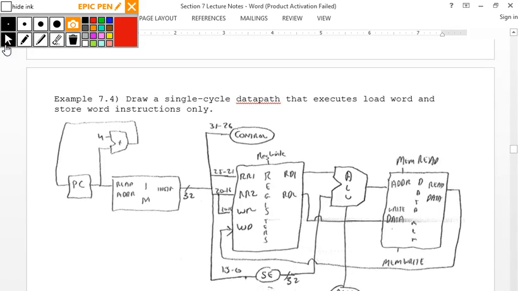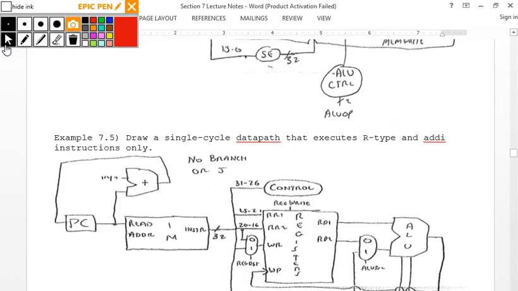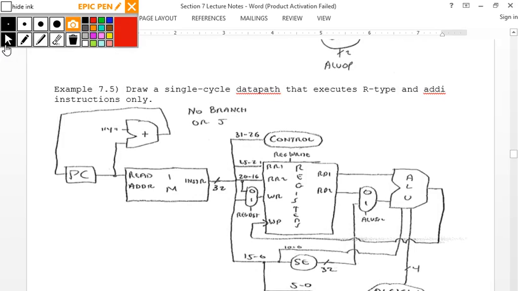So 7.4, 7.5. So here, what I've done is draw a single cycle data path that executes R-type and add-I instructions only. Right? So here, we have no branch or jump, so we've done PC plus 4. We have instruction memory, 31 to 26, control, as always. 25 to 21, read reg 1, and 20 to 16 goes into read reg 2.